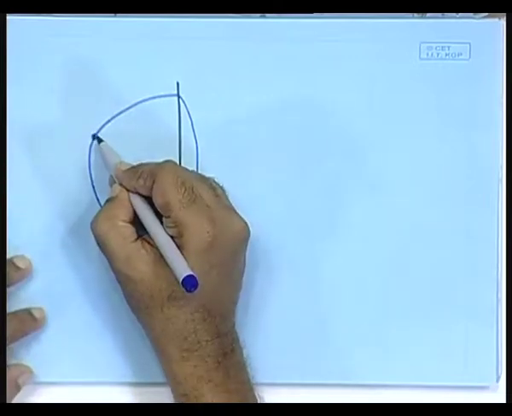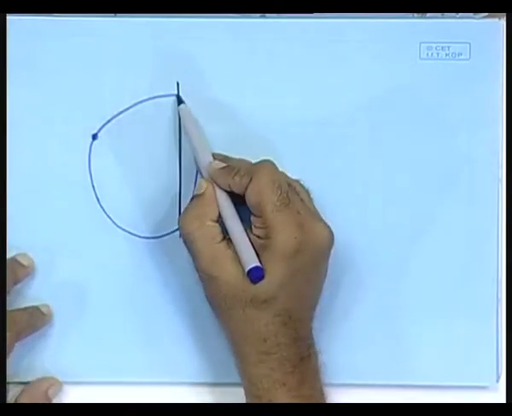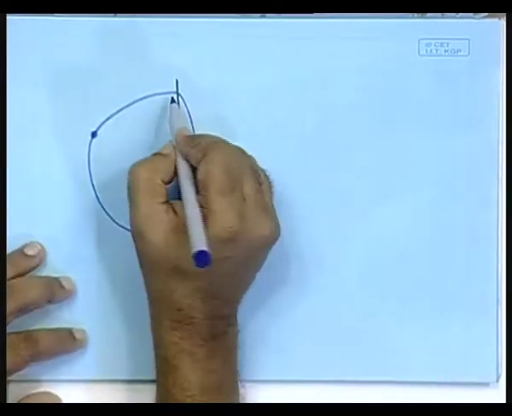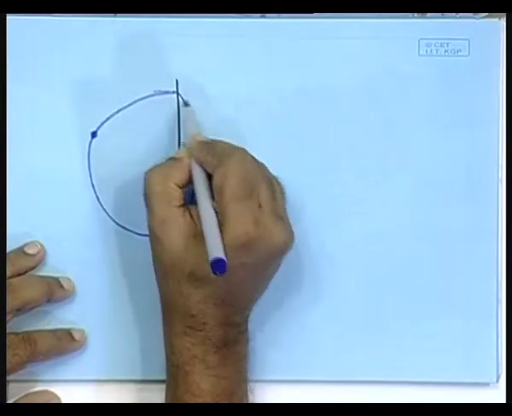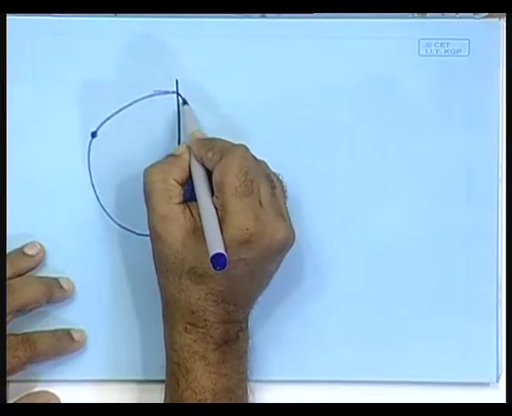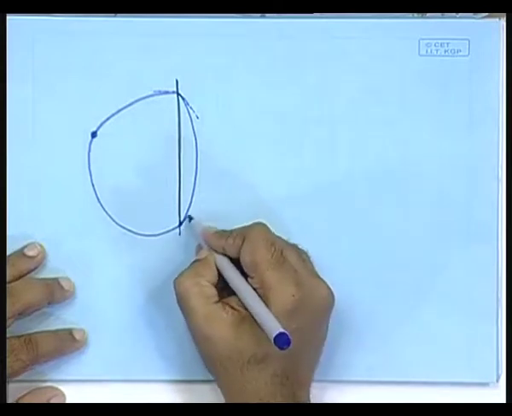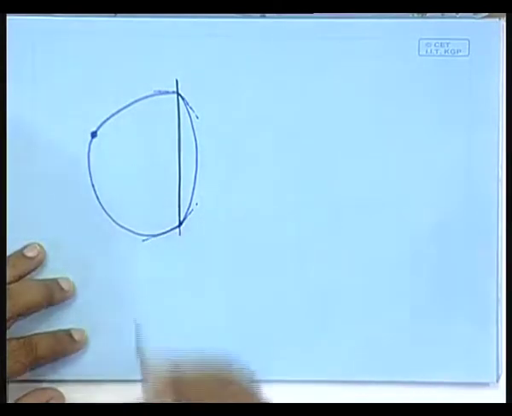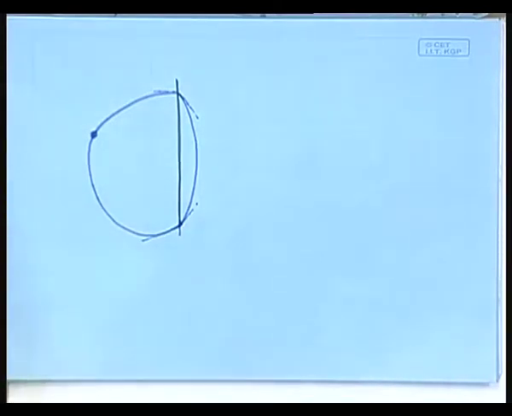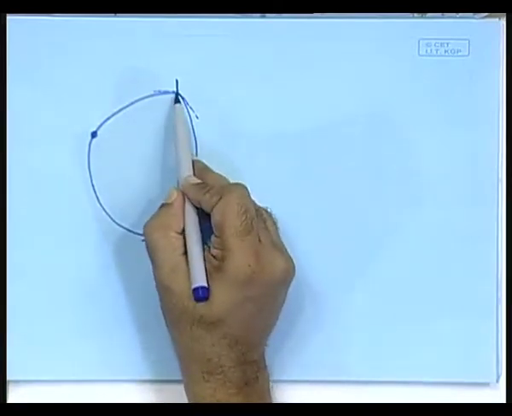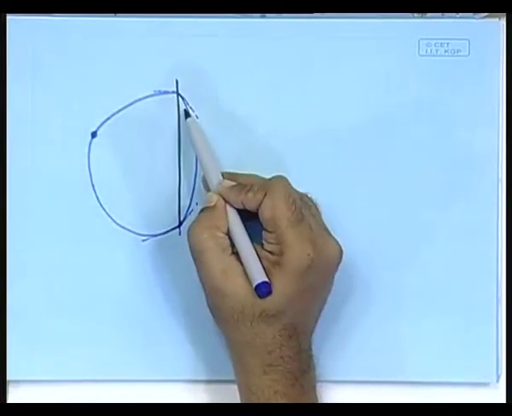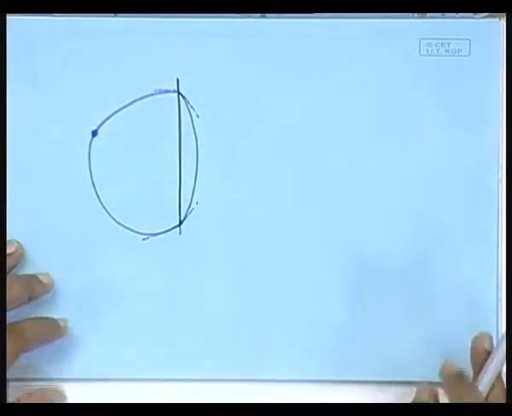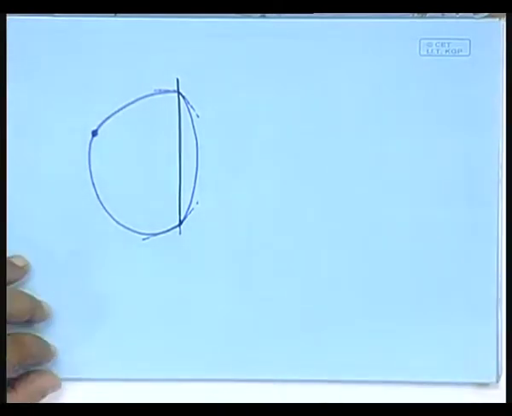So, this is the starting point, and here you have the vector fields different in the sense that if you draw these two tangents, they will be different. In that sense, the vector field just before crossing and the vector field just after crossing are different, and that is exactly what happens in most non-smooth dynamical systems that we have already seen.